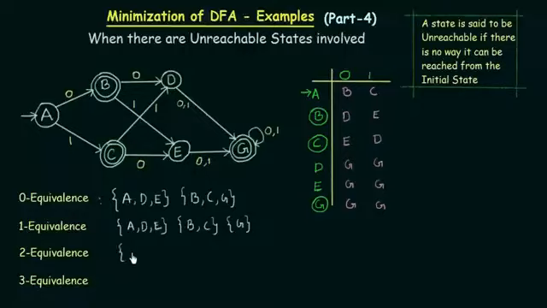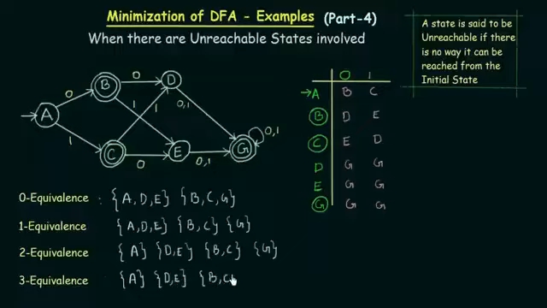If you solve for two equivalents, you will find that state A is not two equivalent to any of the states, states D and E are two equivalent to each other, states B and C are two equivalent to each other, and G is by itself. And in three equivalents, you'll find that state A is not three equivalent to any of them, states D and E are three equivalent to each other, states B and C are three equivalent to each other, and state G is by itself.